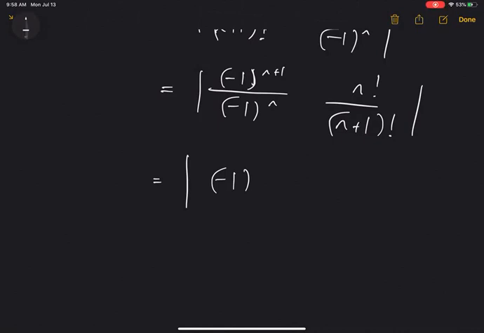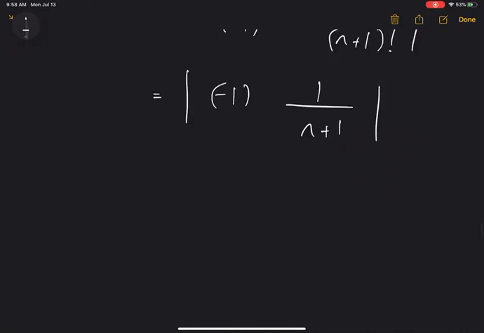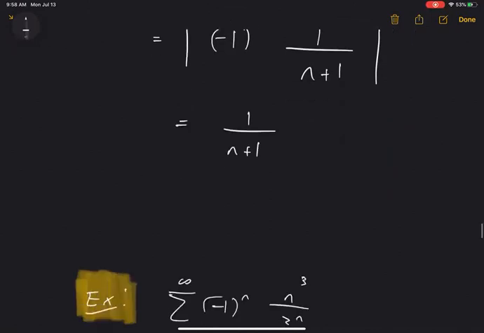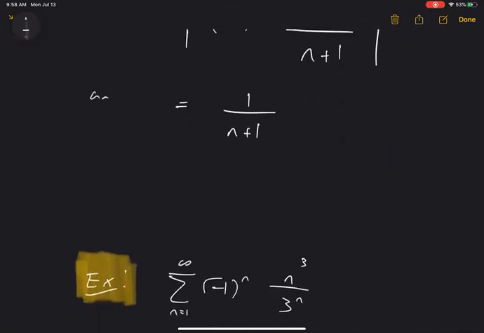And then how does n factorial over n plus 1 factorial simplify? This is where that skill from the video comes in. That simplifies as just 1 over n plus 1, right? And then the absolute value cancels out that negative. So we have this. So that's our an plus 1 over an.